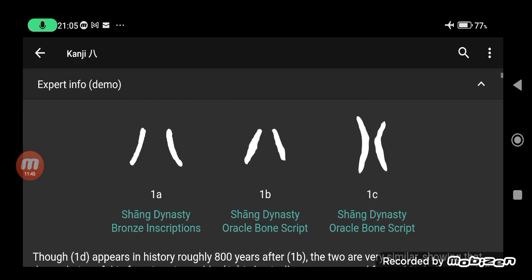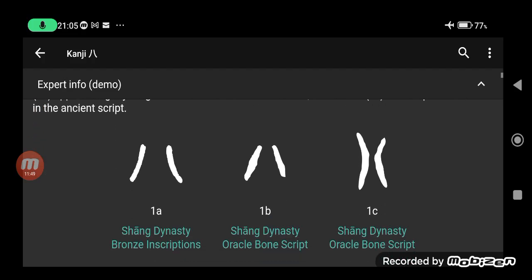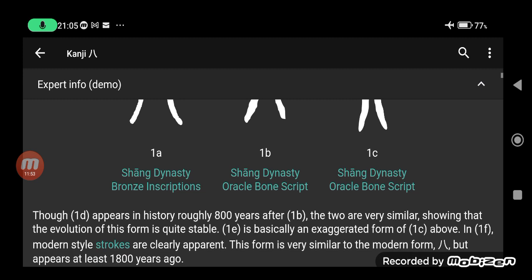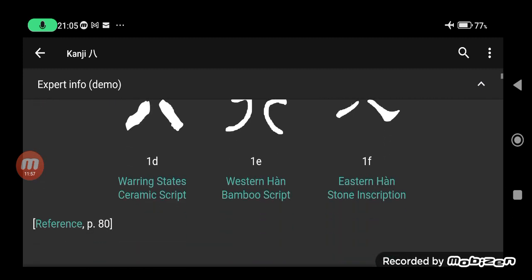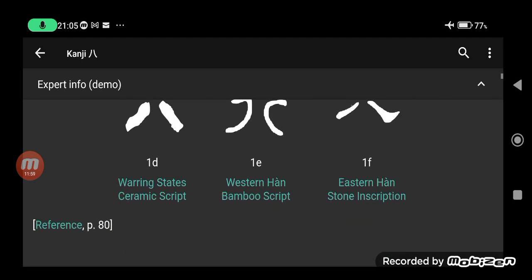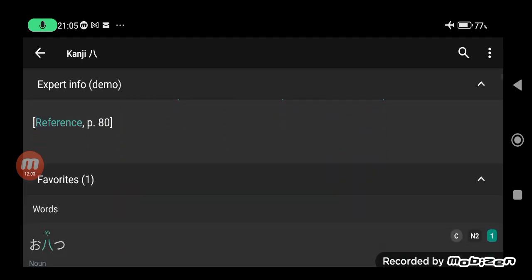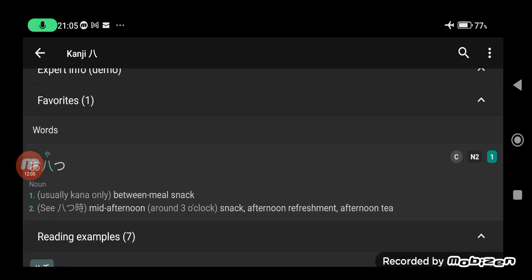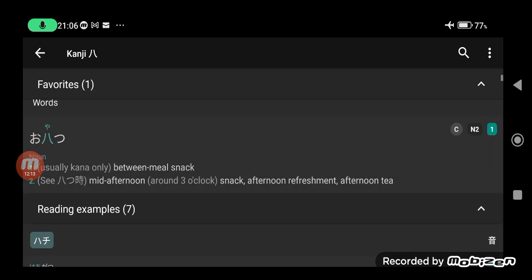So you see, minasan, these characters originated from China, but sometimes when you use them in Japan, they undergo some changes, and the meaning is slightly changed when borrowed in Japan. But nonetheless, it is still similar to the meaning used in China.